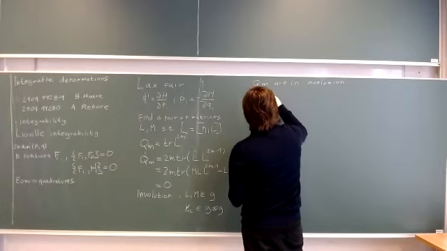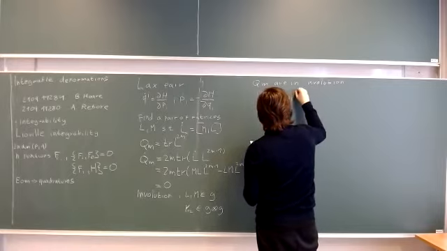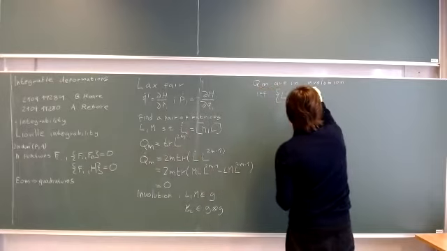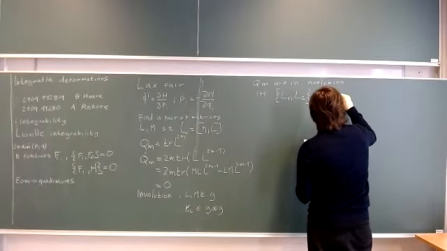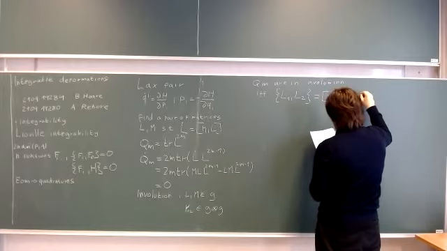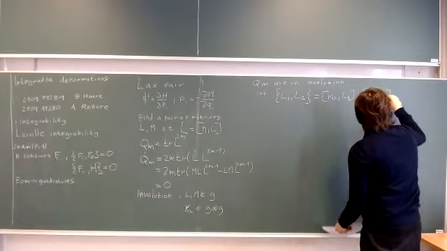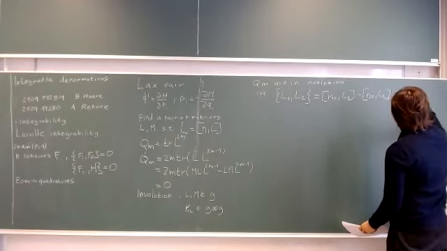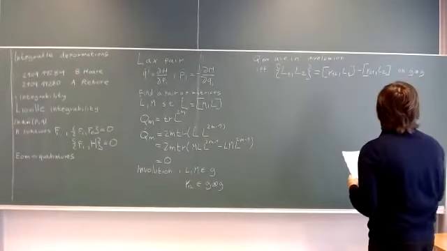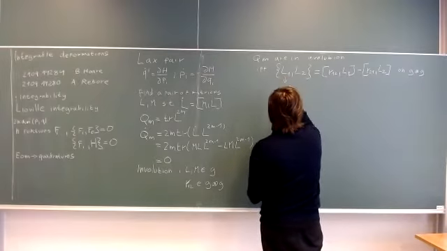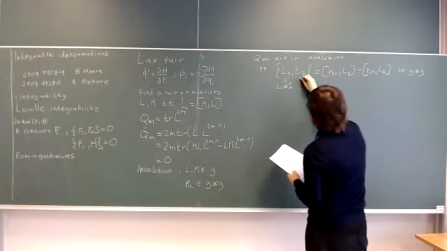If this equation is satisfied, so I'm taking this L, I will in a second explain what this 1 and 2 mean, if there exists such an R matrix that this is satisfied. This is an equation on G times G, but L is just an element of G, so it would not make sense to have this on G times G. So what we have to do is take a tensor product with the identity, and we can do it two ways.